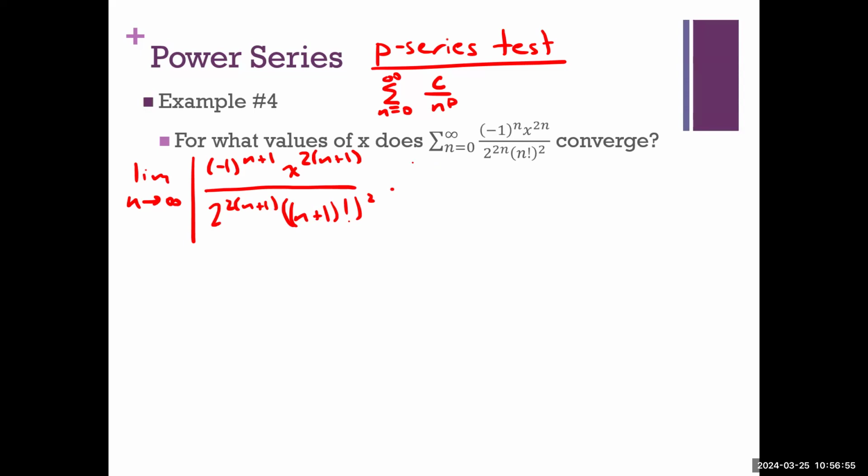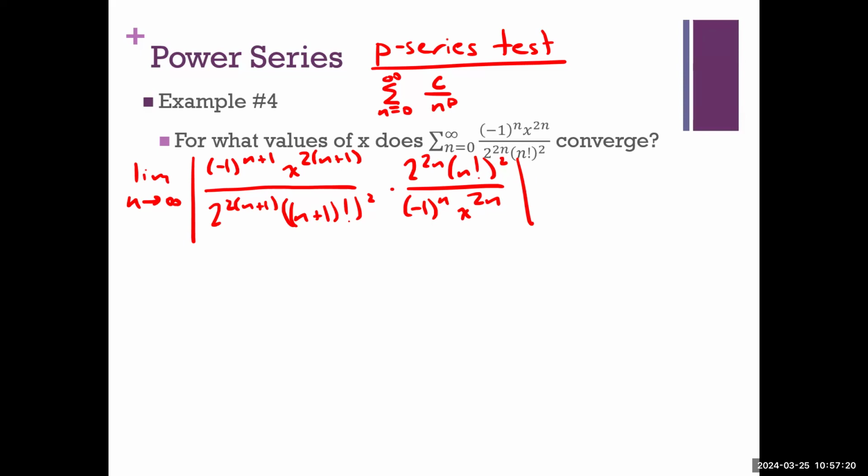I'm going to skip right ahead to just bringing in the reciprocal. All right. Anything jump out at you about what simplification we can use?